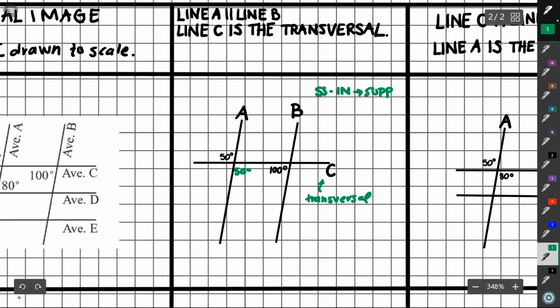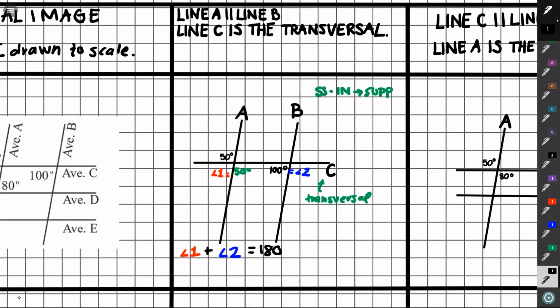I can check that really easily. Let's make this angle 1, and 100 is angle 2. If they are supplementary, if I take angle 1 and add it to angle 2, I should get 180 degrees. Let's check to see if that's true.